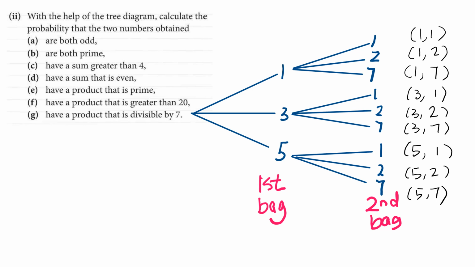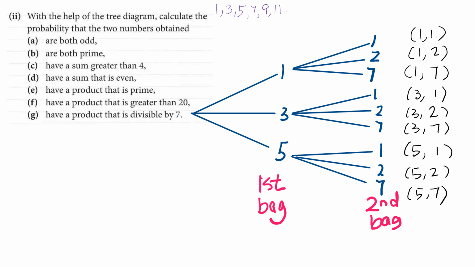Right, so we're going to use this tree diagram to help us solve some problems. If you look at part A, we are asked to find the probability where the 2 numbers obtained are both odd numbers. So what are odd numbers? Odd numbers basically are 1, 3, 5, 7, 9, 11, and so on and so forth.